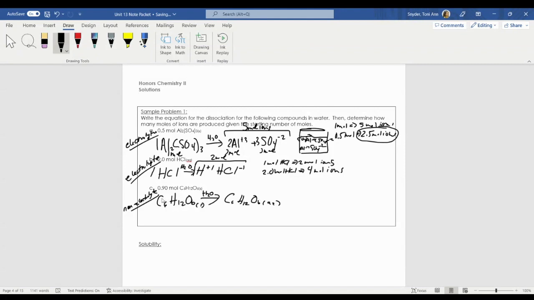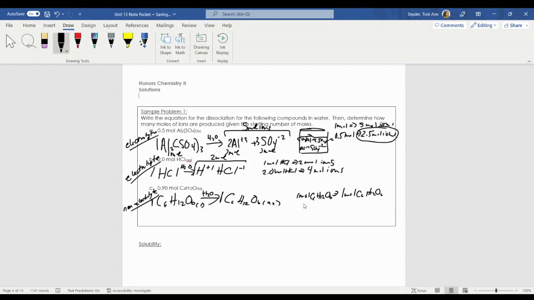So in this case, if I have 1 mole of glucose that's dissolving, 1 mole of glucose comes out of that. I would have 1 mole of glucose that's dissolved, right? So the question is saying if I have 1 mole of glucose, C6H12O6, that produces 1 mole of glucose in solution.